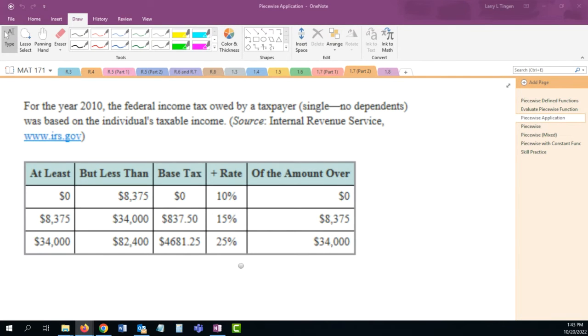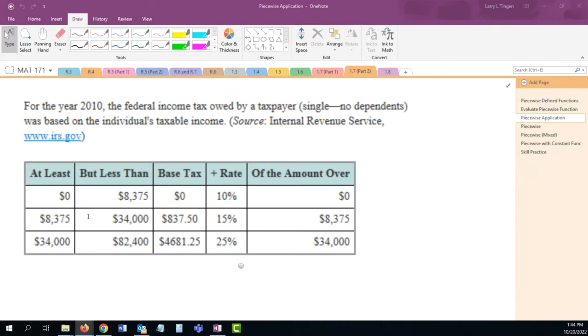In this case, this is 2010, not even close to what it is now, but if you make $8,000, your tax rate would be 10%. 10% of $8,000 is a larger portion of the person's income than 10% of $100,000. So the idea is that the more you make, the more you pay, but because it's progressive, everybody follows these rules.